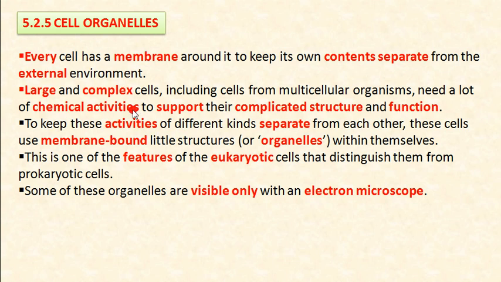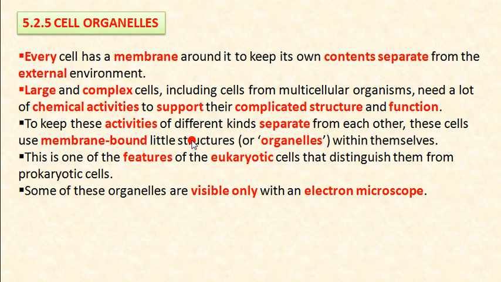Large and complex cells, including cells from multicellular organisms, need a lot of chemical activities to support their complicated structure and function. So this is the importance of cell organelles.